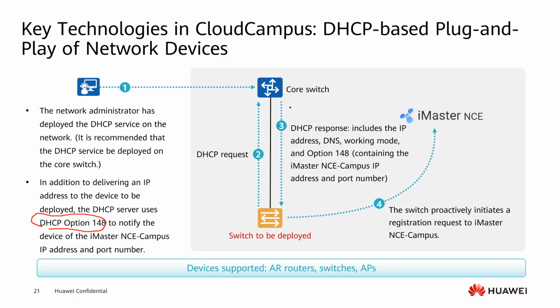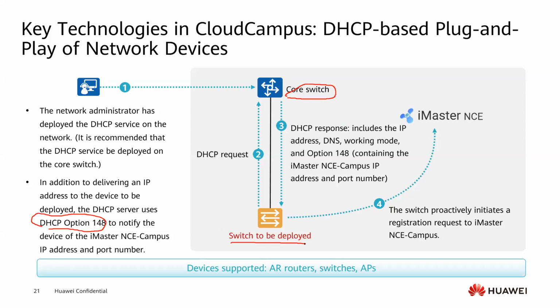First, we can deploy the core switches as the DHCP server, and we will configure the DHCP server to use the option 148 to contain the information about the controller's IP address, the controller's port number, and also the device's IP address.